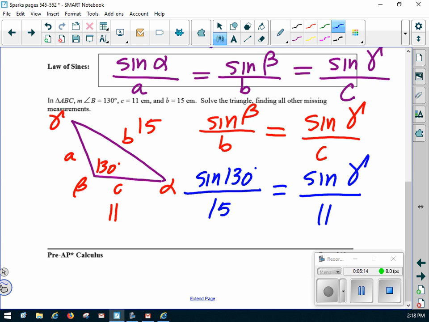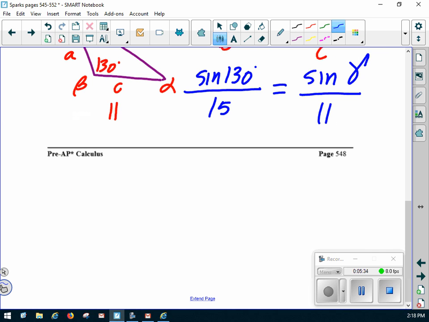What's my unknown? Gamma. So I'm going after angle gamma. To make it as easy as possible, I would just cross multiply. So let's cross multiply.